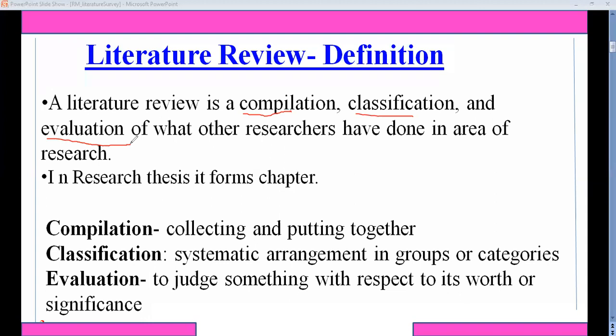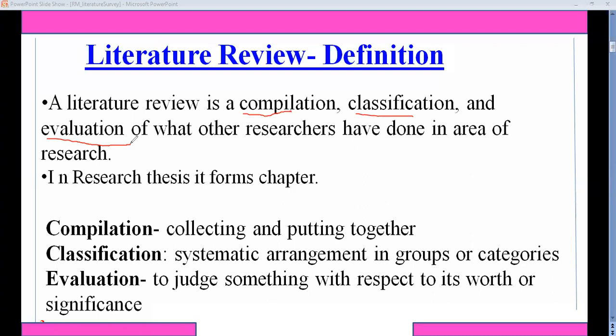First, the very important thing is that we need to search the literature, see what others have done, how they have done, what were their findings, what are the ways they did collection of data, analysis of data, and how they interpreted the result. These are all the things we need to see.